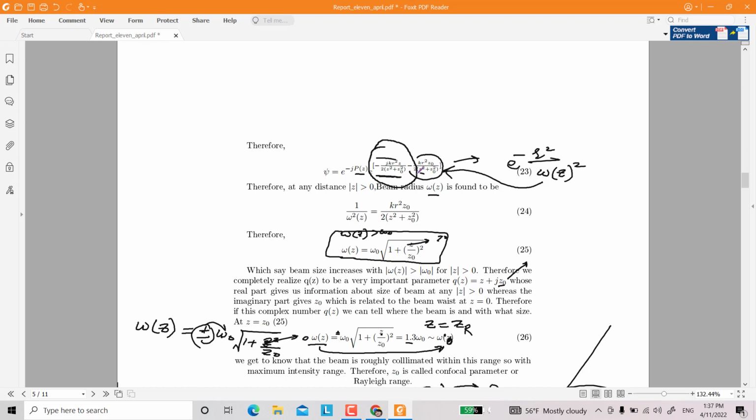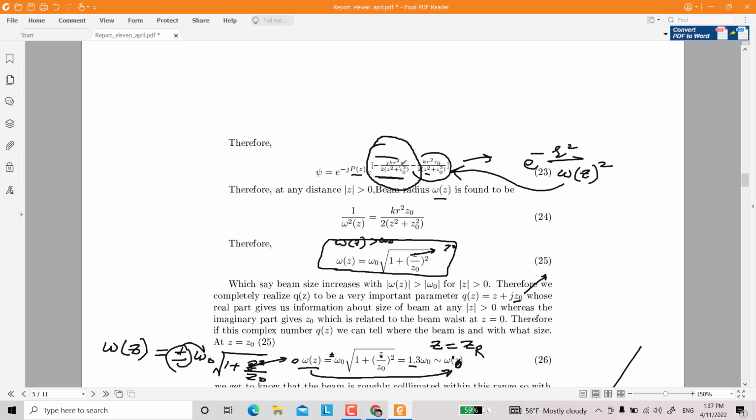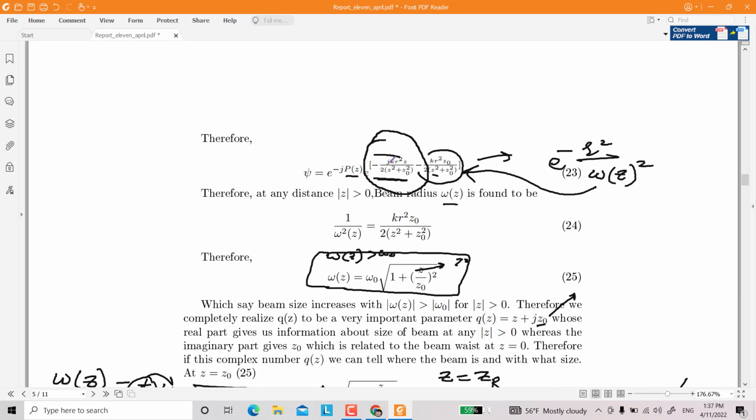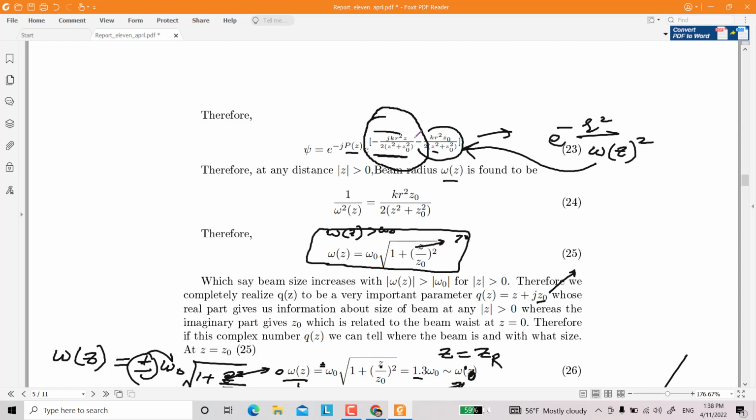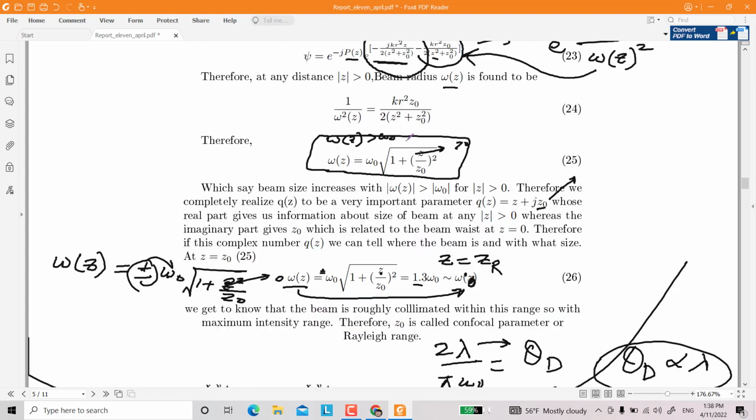Remember, these two terms are different, because the first term has j in the exponential, so that has to do with the phase, whereas the second term is not a phase. So now is the time to discuss this phase, which appears in the solution of the differential equation for Q of z.